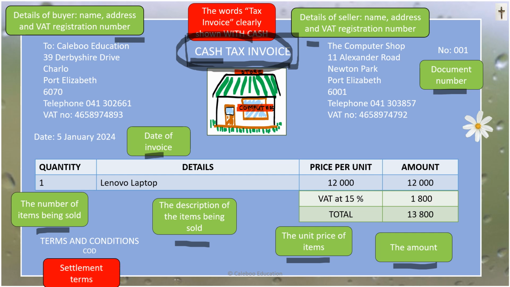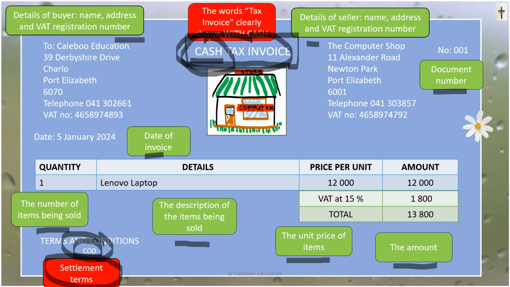And remember the settlement terms, because the settlement terms are cash, there's COD written there, cash on delivery. So there's the difference. The word cash will be on this invoice, and COD, cash on delivery, will be on this invoice as well.